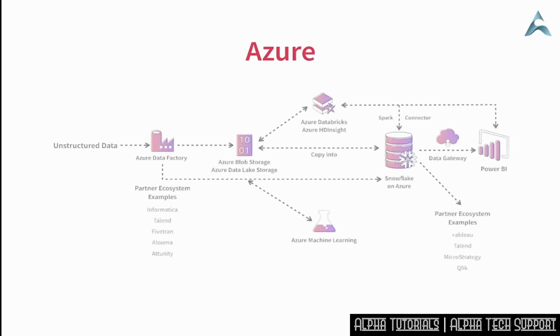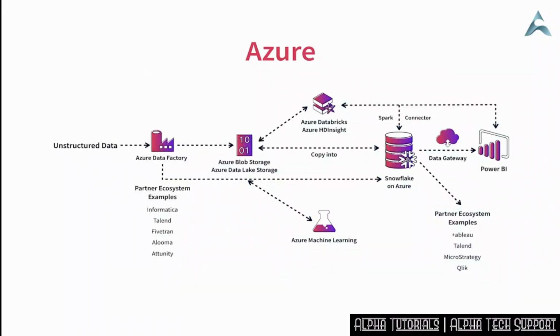Now, if we look at an example on Azure, it's similar in that we have Snowflake being the data warehouse, sort of the center of the architecture here, but we have integrations with both Microsoft Azure services and partners, which is again another pattern. In this particular case, we're ingesting unstructured data into the Azure Data Factory service. We're using Azure Blob Storage and Data Lake Storage as our first storage location. We are directly sending some of that blob storage into Snowflake on Azure. However, we're doing other types of processing using both Azure Machine Learning and Azure Databricks or HD Insight for Spark processing.